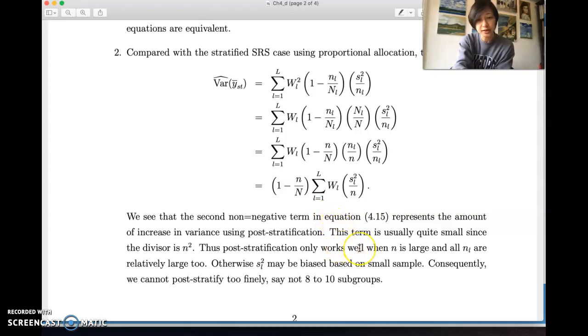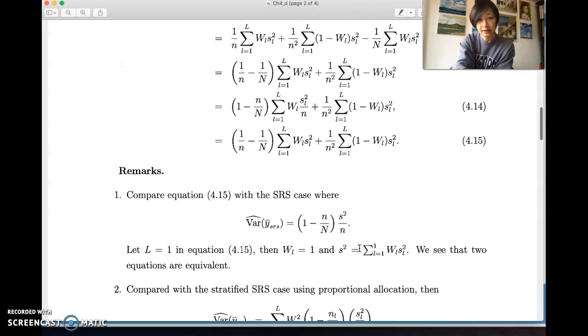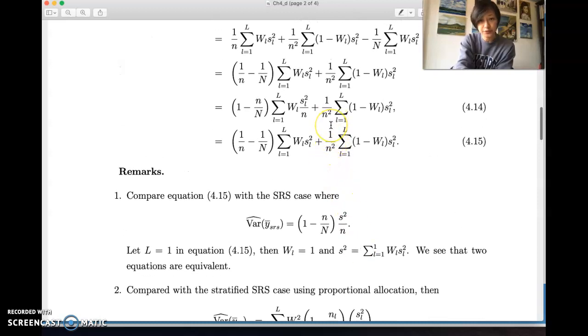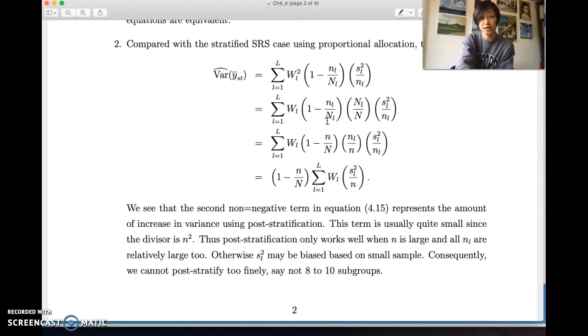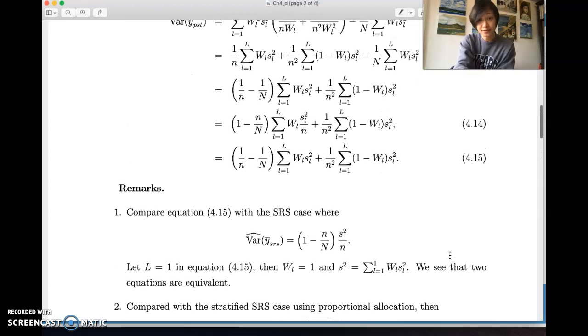This term is usually not too significant. Let's look at equation 4.14 or 4.15, the same, okay? So this second non-negative term would not be too bad if the sample size n is large enough, because we have 1 over n squared. So make sure that if we are conducting post-stratification, we need n to be relatively large so that each of the nL is also large enough, then that would not add a lot of variance to our estimated variance.